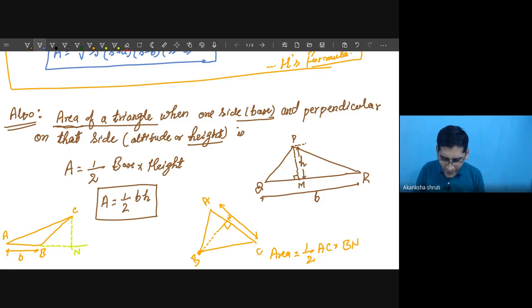You need to draw the perpendicular from the remaining vertex on the given side. Now this perpendicular need not fall in between the length of the given side. It may fall on the extended part. Like here, this BN is the extended. BN is not in between AB.